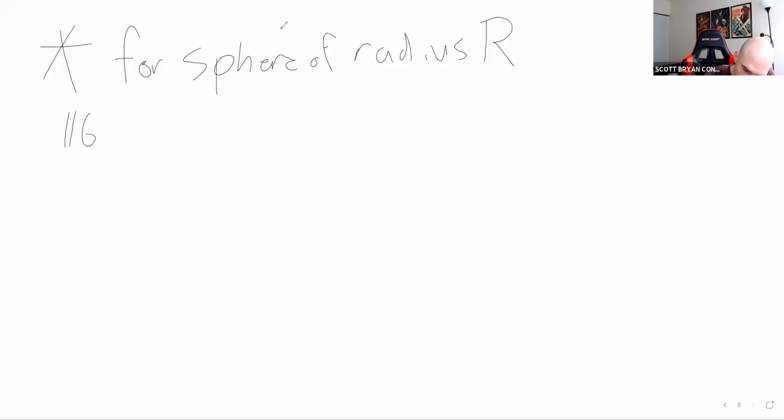We'll look at the other one later. The magnitude of g phi cross g theta is just going to be the radius squared sine phi.